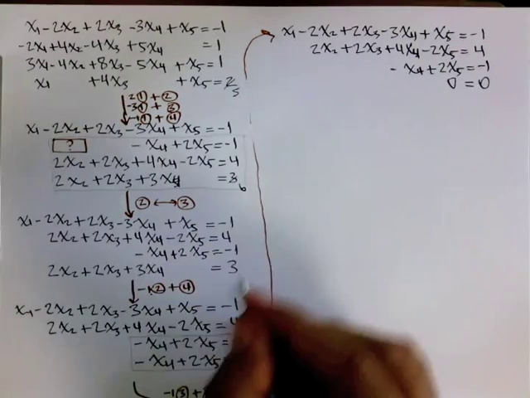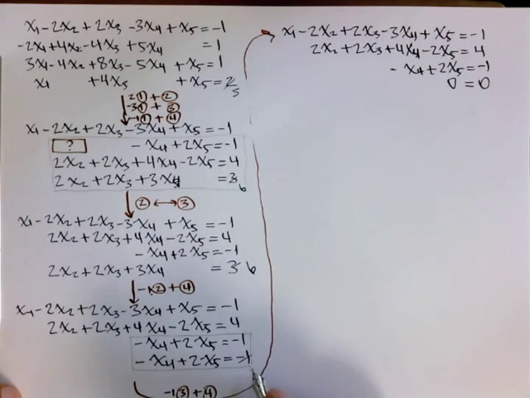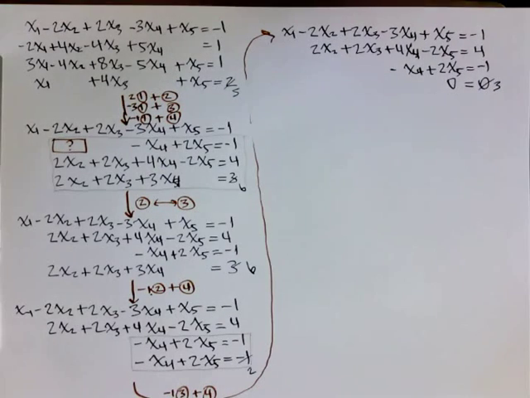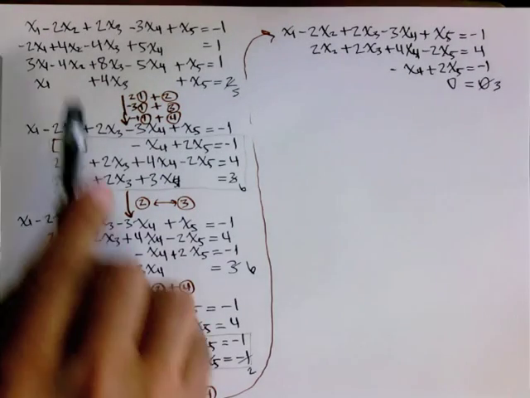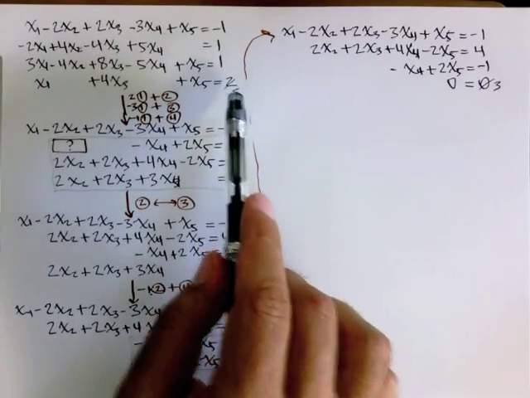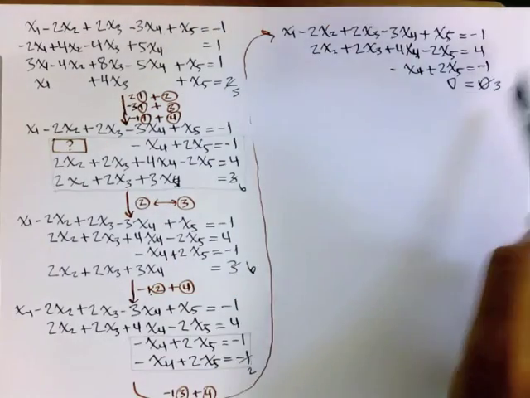And the 3 below that would have been a 6. The -1 in the lower right corner of step 4 would have been a 2. And the 0 in the lower right corner of step 5 would have been a 3. In other words, if we'd had a 5 instead of a 2 in the original system, then at this stage we would have the equation 0 equals 3.